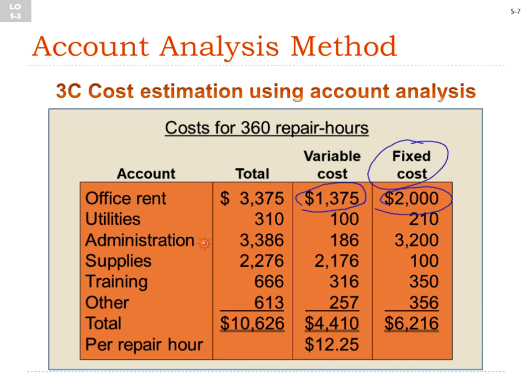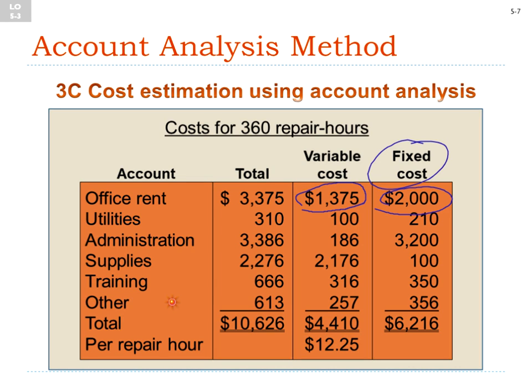Admin, that can be something like a supervisor, and so a supervisor, they're going to incur their salary as a fixed cost, but maybe this variable cost represents an extra secretary. Maybe they were inundated with paperwork one month and they needed some extra help for admin. And the same thing goes for supplies, training, and other.